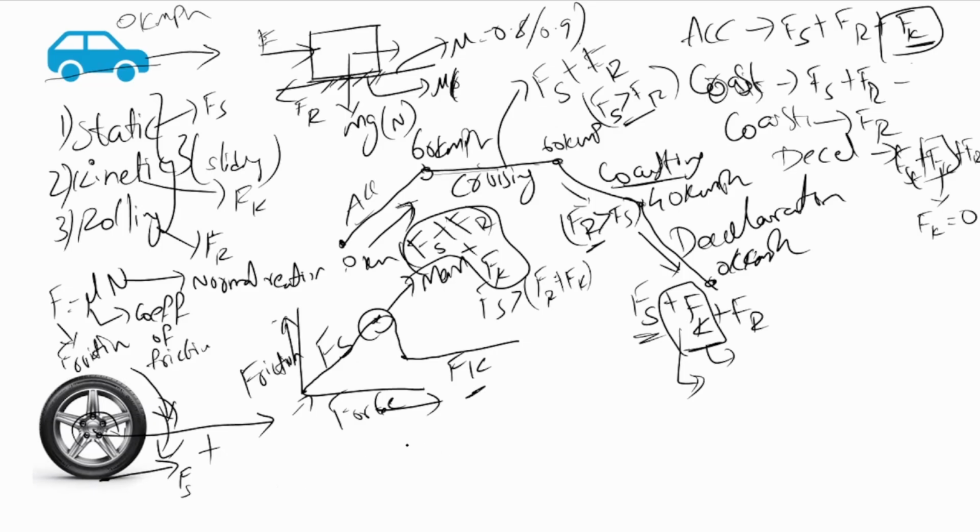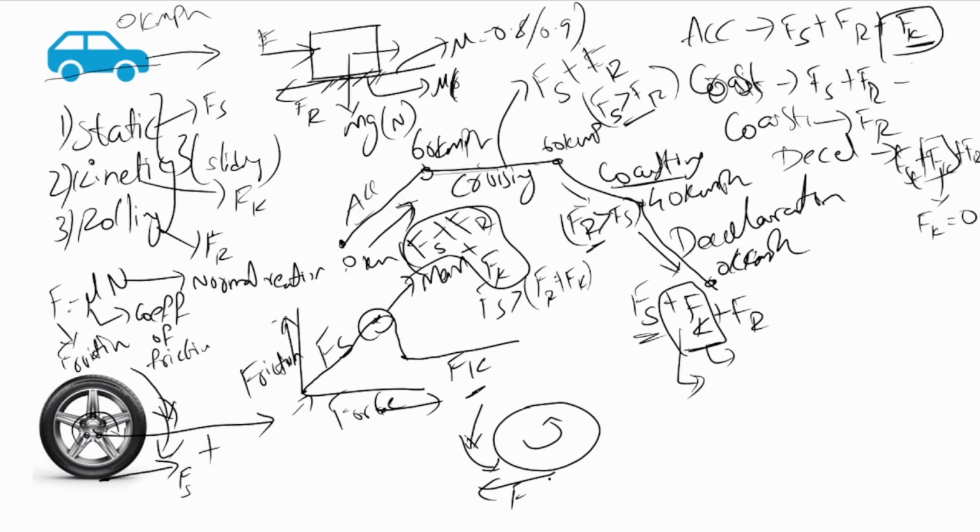Similarly, when you're braking, your brakes will start giving the opposite force because it wants to brake, right? So the opposing force will be in an anti-clockwise direction. At that point of time, if your force tendency is in an anti-clockwise direction, your frictional force will oppose it.